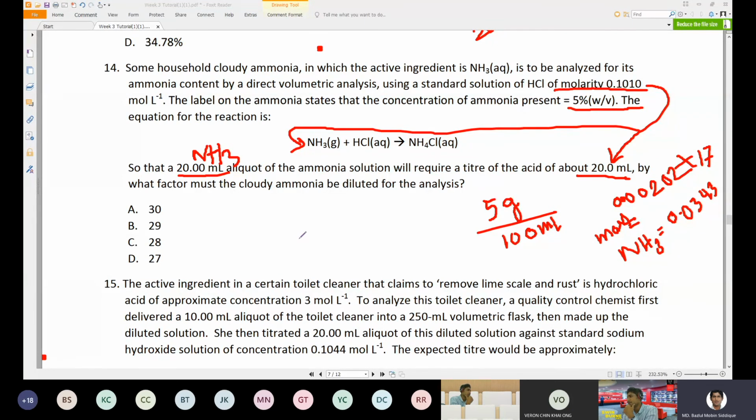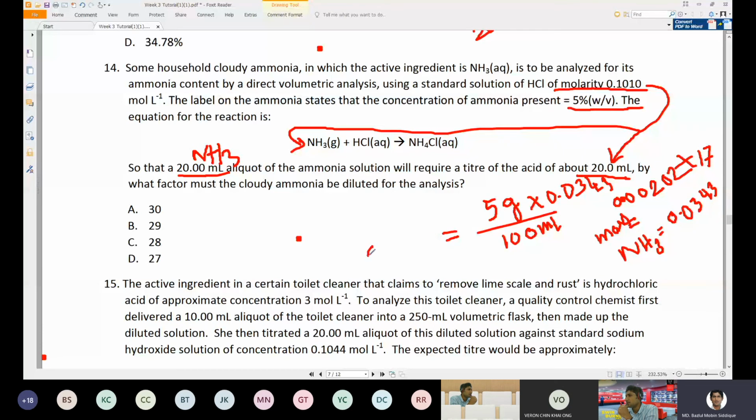So from there we see that 0.0343 times 5, both are in 100 milliliter. This is the amount of ammonia in 100 milliliter of the solution.